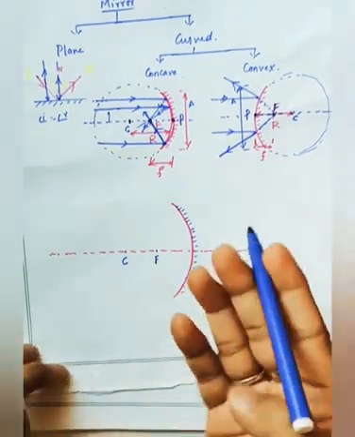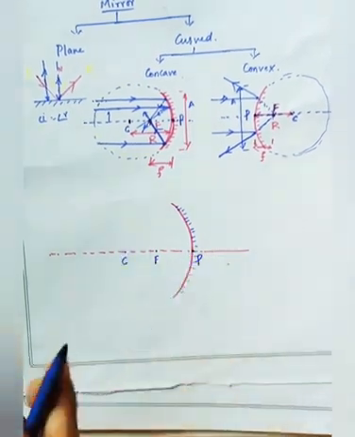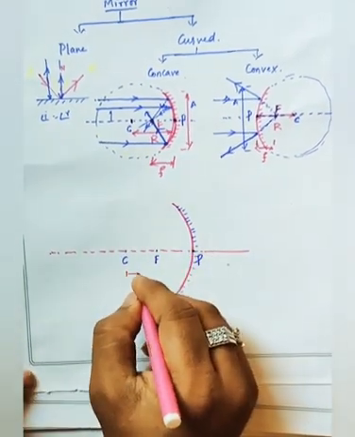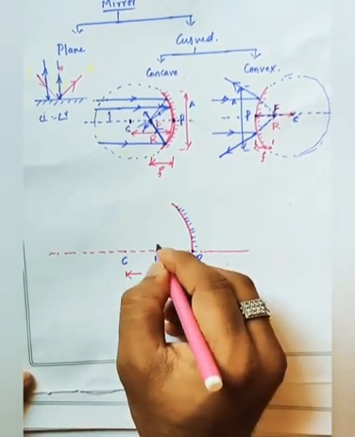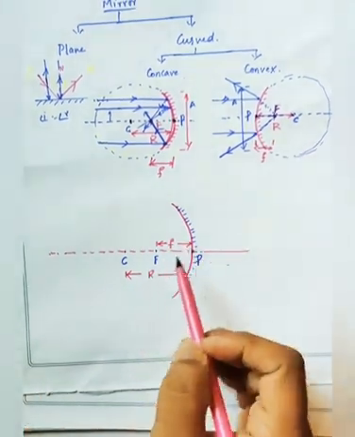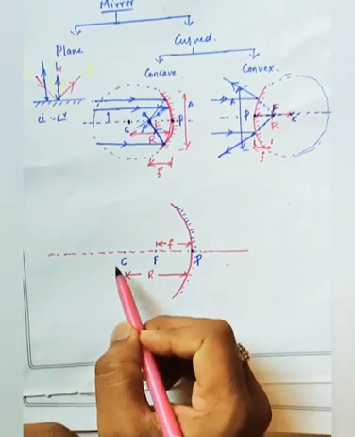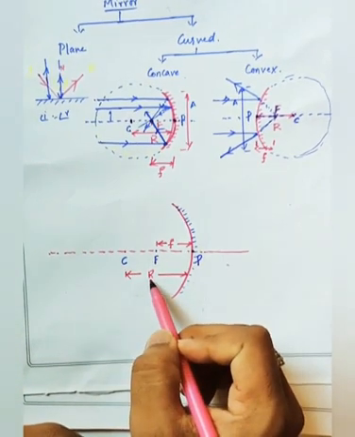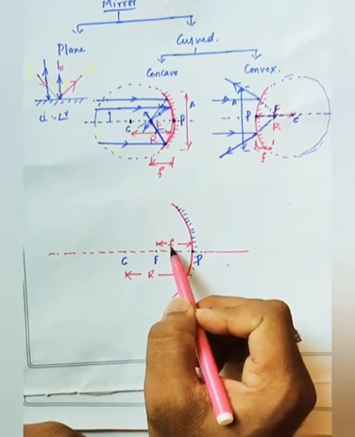This is the pole. The distance from the center of curvature to the pole is R, and from the pole to F is the focal length. So P is the pole, F is the principal focus, C is the center of curvature, R is the radius of curvature, and small f is the focal length.